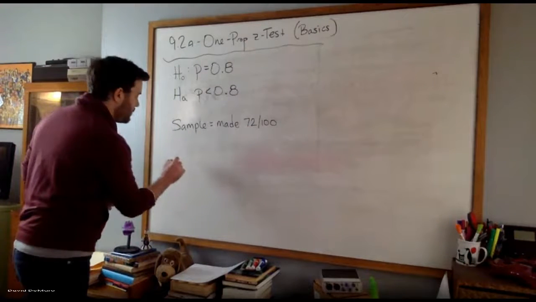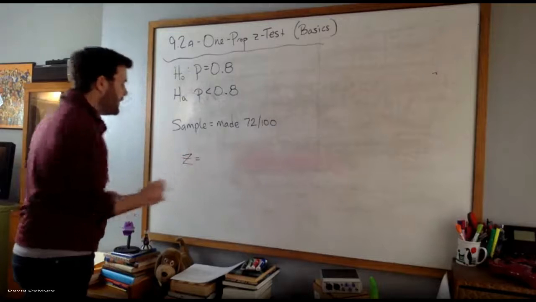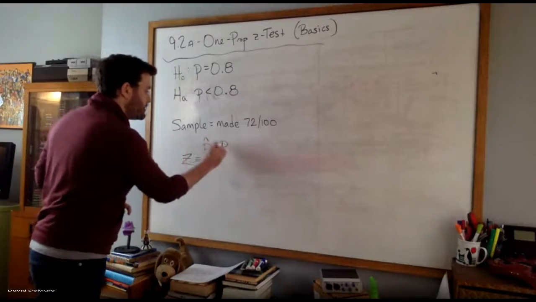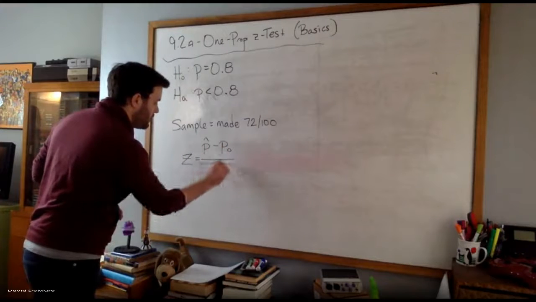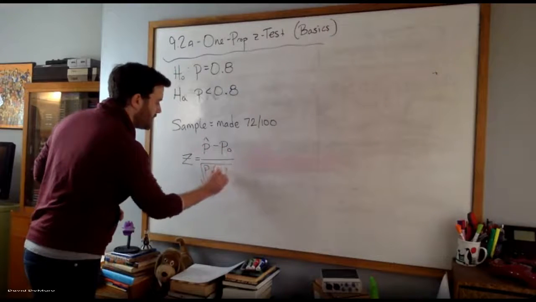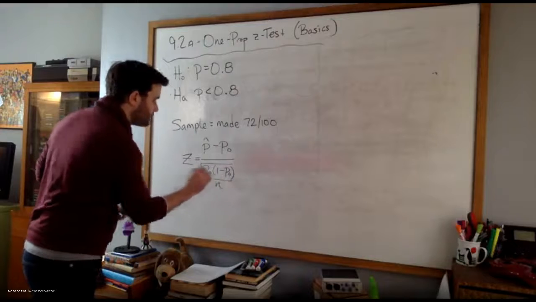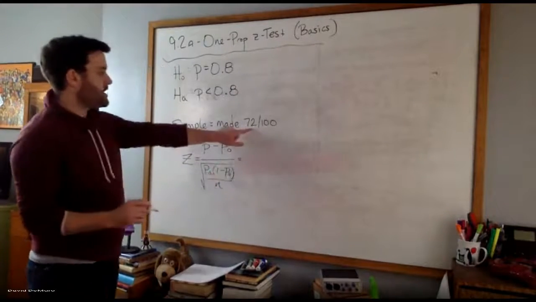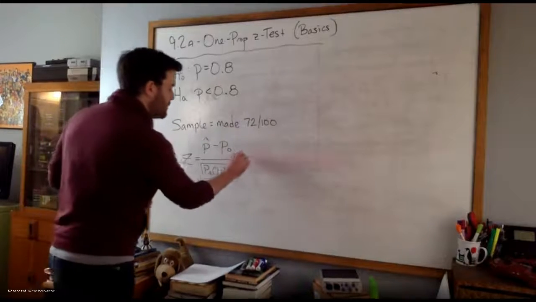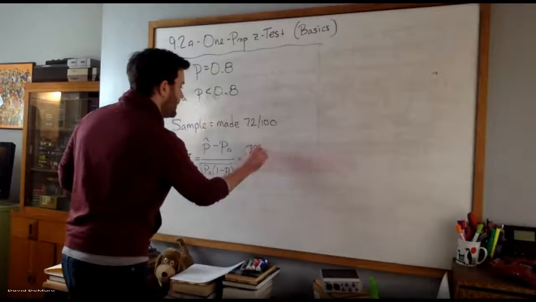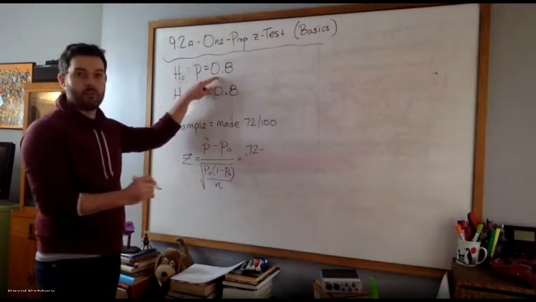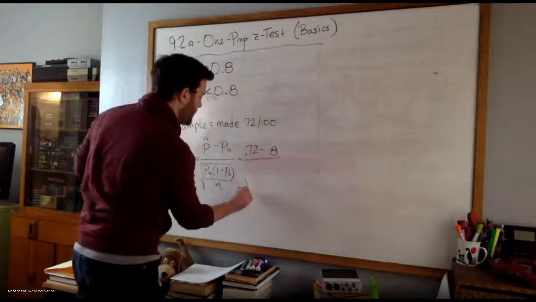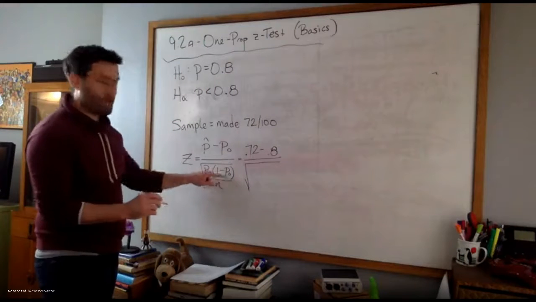So to calculate your test statistic, we would calculate our z-score of p hat minus p0 over the square root of p0 times 1 minus p0 over n. And so our p hat would be 72 over 100, so that'll be 0.72, minus p0, which comes from the null hypothesis, that's 0.8, over the square root of p times 1 minus p over n.